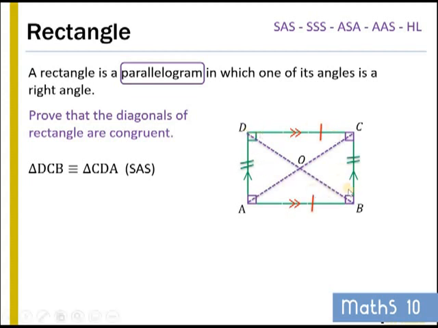Triangle DCB, this one here, is congruent to triangle CDA, this one here, by side, angle, side, because they both have this side, a right angle, and this side in common. So that means that the length DB, the hypotenuse of this triangle, is equal to the length CA, the hypotenuse of this triangle. So therefore, the diagonals are congruent.